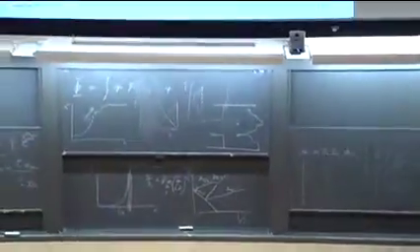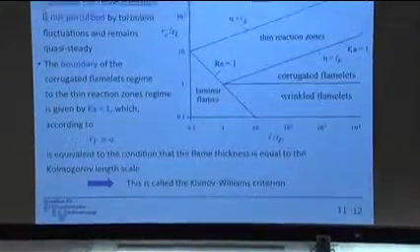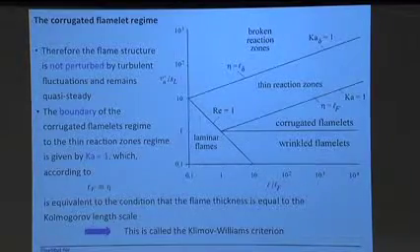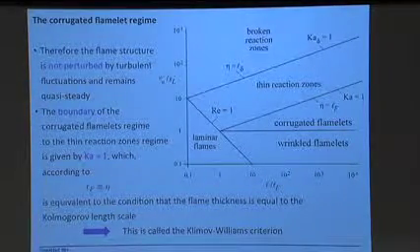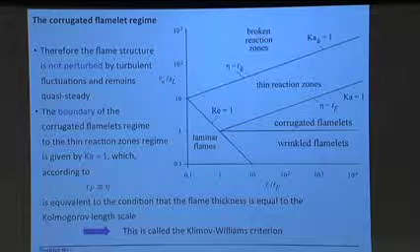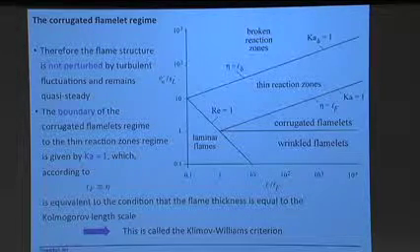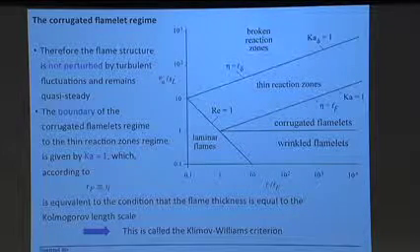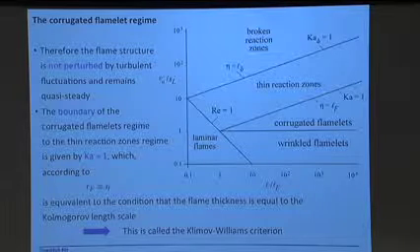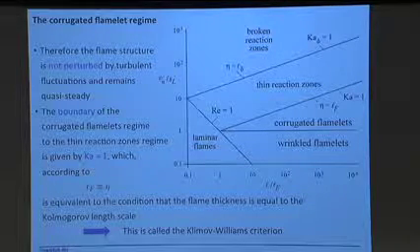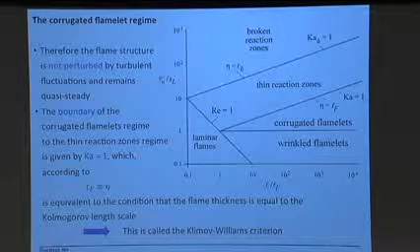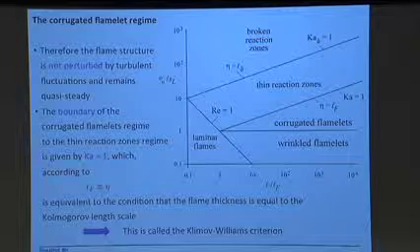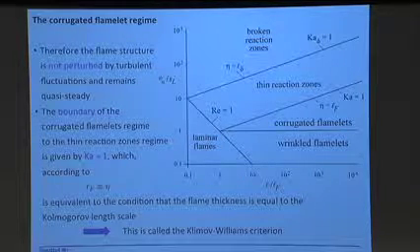Oh yeah. So this here is Karlovitz equal to 1. This here would be Karlovitz equal to 100. But keep in mind that 100 is just because we said the inner layer thickness is a tenth of the flame thickness, and that comes from just looking at methane flames, so it's a rough estimate for certain conditions.